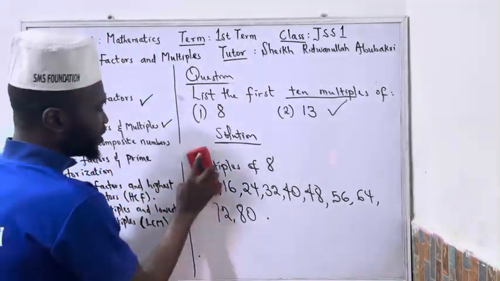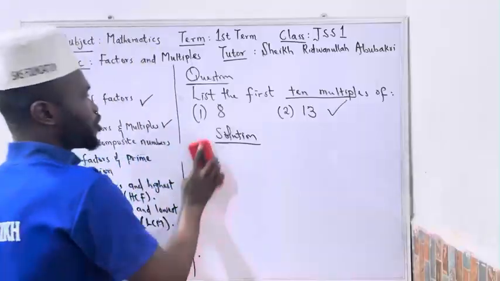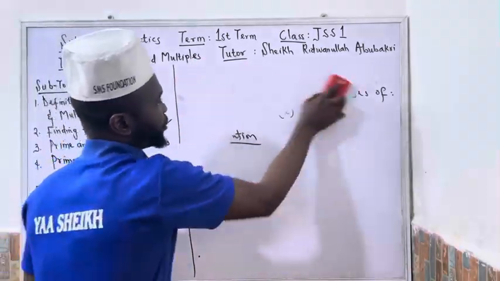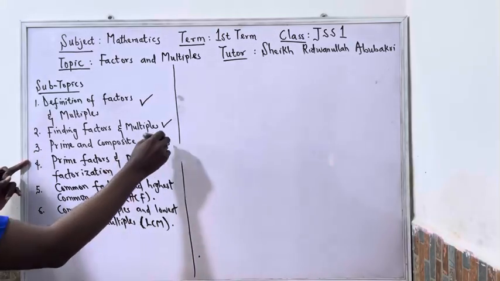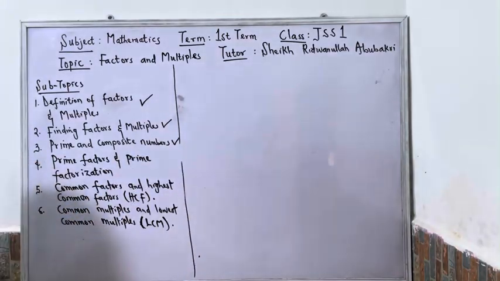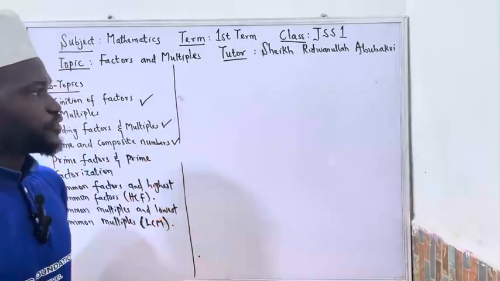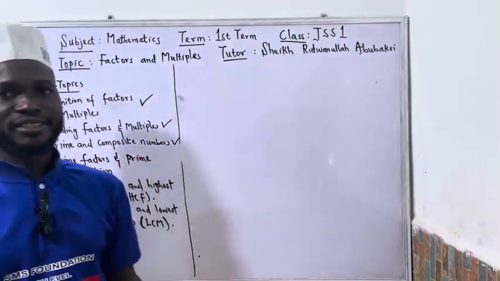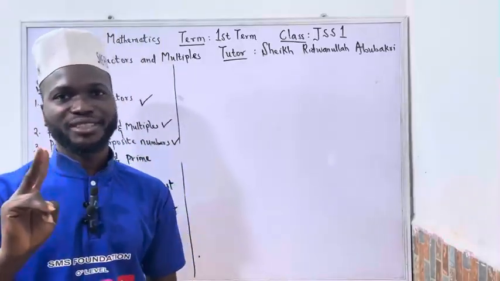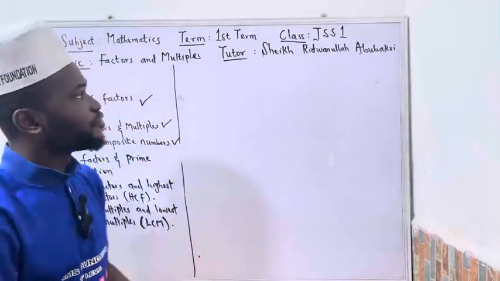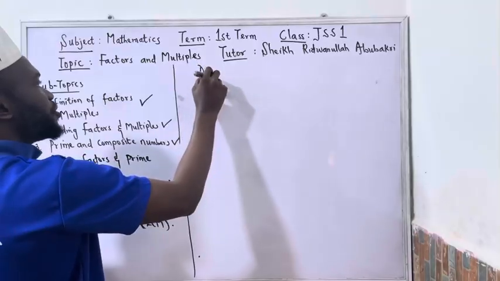So let's go to the next subtopic. I think we are done with this now. The next subtopic here is going to be prime numbers and the composite numbers. Good. So what are prime numbers? Prime numbers are numbers that have only 2 factors, 1 and itself.